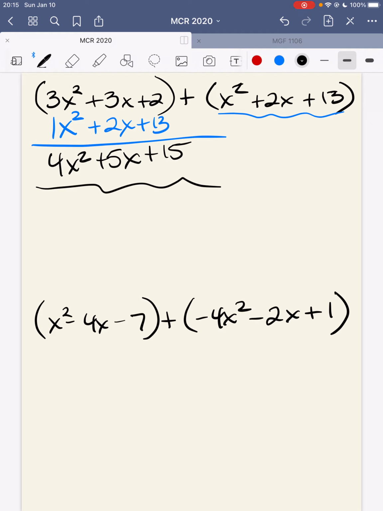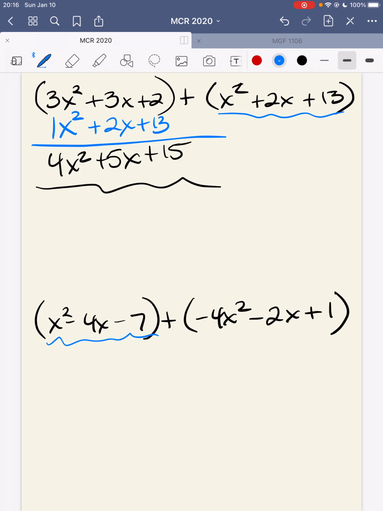All right, let's look at another one. So again, I'm going to do the same thing. It doesn't matter which one you write under each other because of the plus. So in this case, I'm going to take the first one and write it under the second polynomial, it doesn't matter.